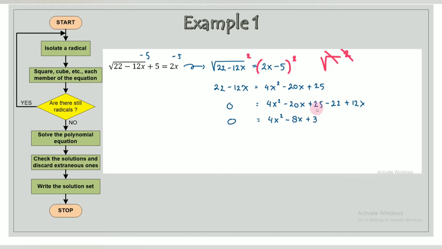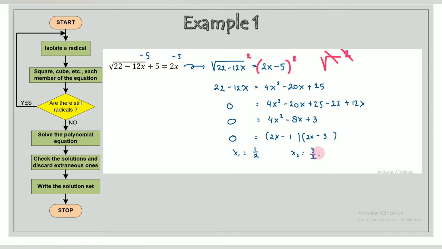Whenever we have quadratic equations, of course, we need to factor it, or if we cannot factor it, use the quadratic formula. But this one can be factored. So let me just factor this. It's 2x, so it's 12 and negative 8. It is, yeah, negative 1 and negative 3. So we have two possible values of x: the first one is a half, and the second one is 3 over 2.